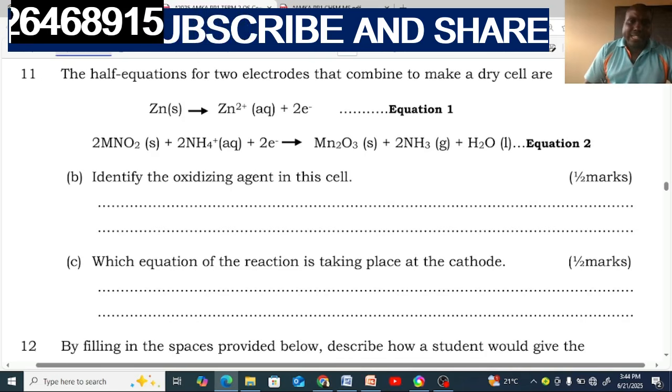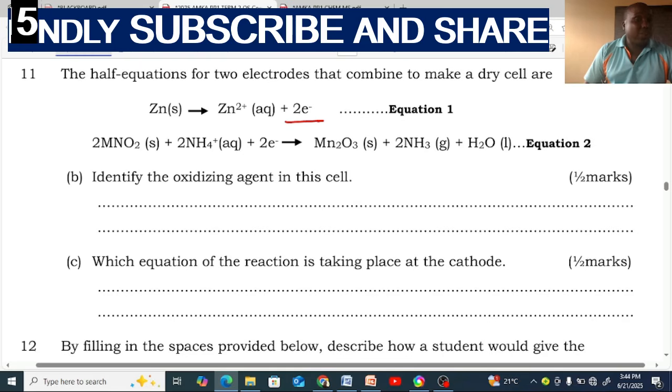So equation 1, zinc gives out electrons. So the substance which gives electrons is a reducing agent. Those are the things you need to understand. A substance which gives electrons in an electrochemical setup is the one that is called the reducing agent. This one is going to take place at the anode. And at the anode, oxidation takes place.